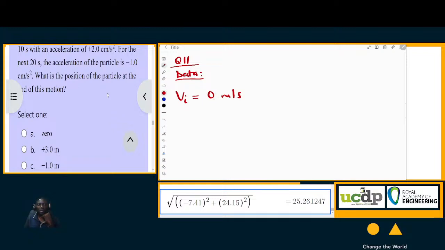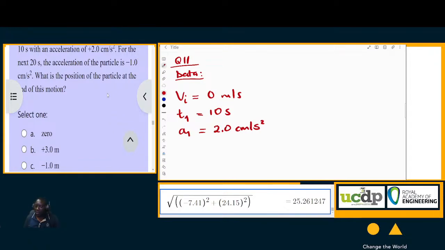Okay, so there is an initial motion for 10 seconds. So t for the first part of the motion is equal to 10 seconds, with an acceleration, I'll call that a1 for the first part of the motion, of 2 centimeters per second squared for the particle.